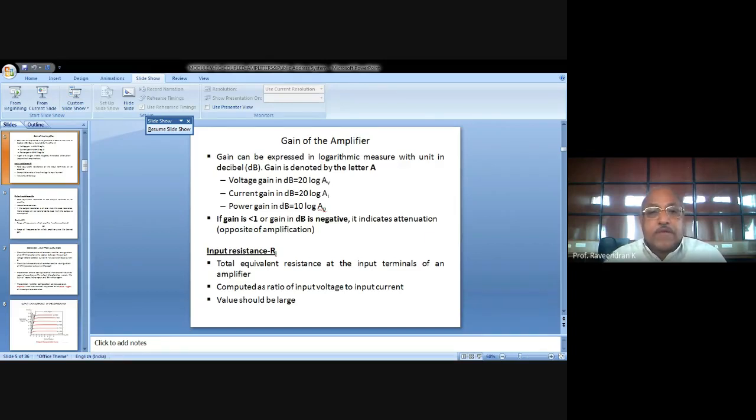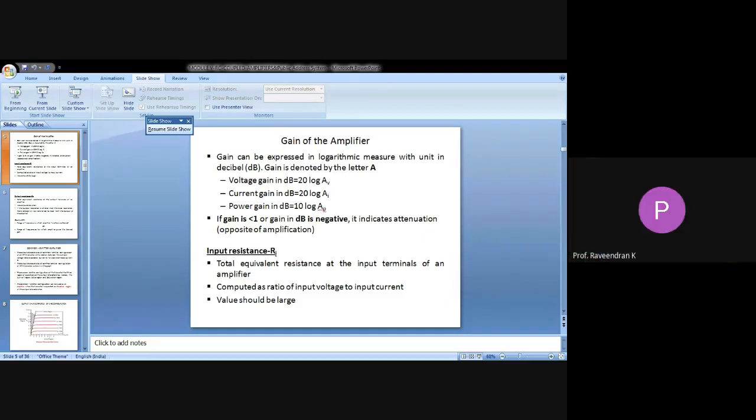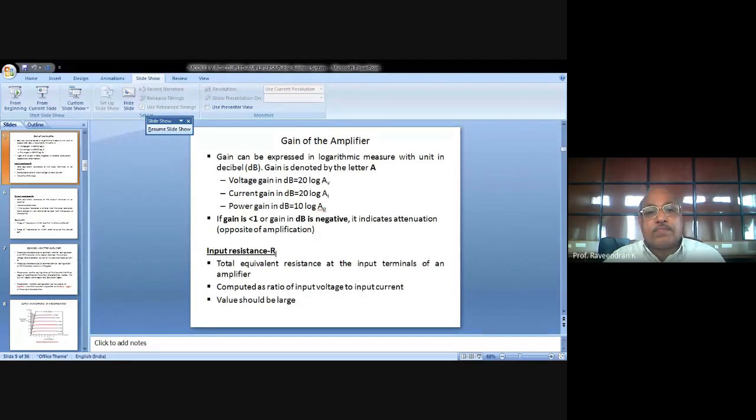If the output resistance is smaller than the load resistance, as I had told, more voltage will be transferred to the load at the output of the amplifier. If the output resistance is smaller, then it can drive the load very easily, and so more voltage can be transferred, because the transistor's main purpose is to transfer the signal from the input side to the output side, isn't it?